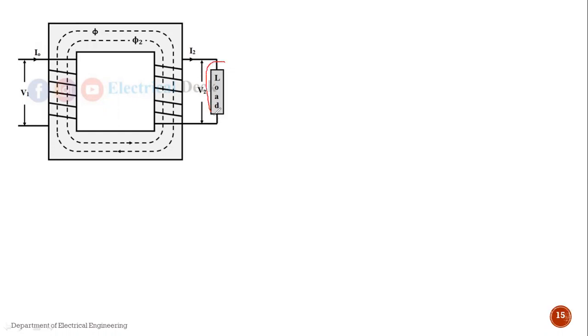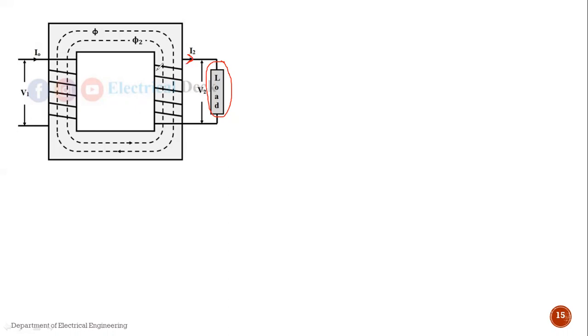Secondary side ला काहीतरी load connect केलंय. Okay, see, when this load is connected to the secondary side, Secondary side ला ज्यावेळेस load connect केलेला आहे, at that situation some current will start flowing from the secondary side. Secondary side मधून काहीतरी flux current flow होईल.